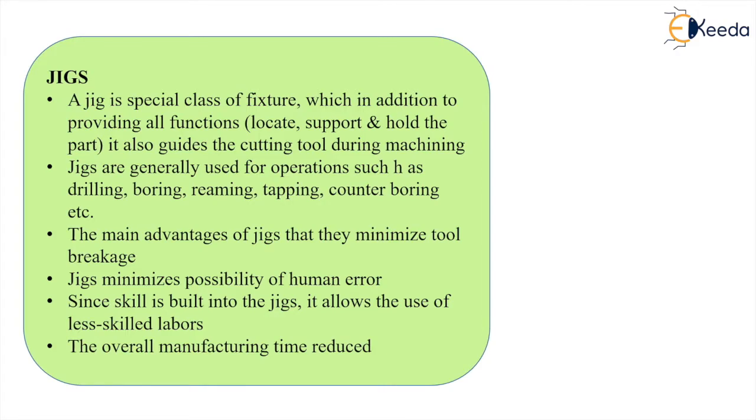Because of this, there are very few chances of human error. It also allows the use of less skilled labor since the skill is built into the jig already. So less skilled labor is okay with using the jigs, and the overall manufacturing time is reduced.